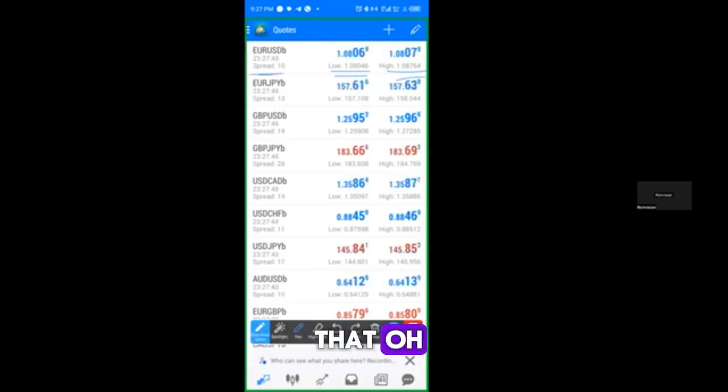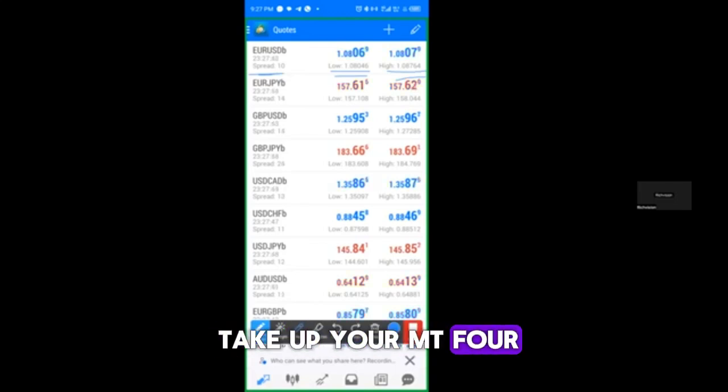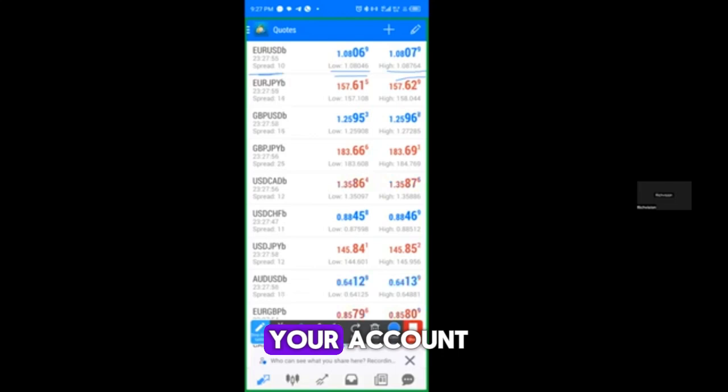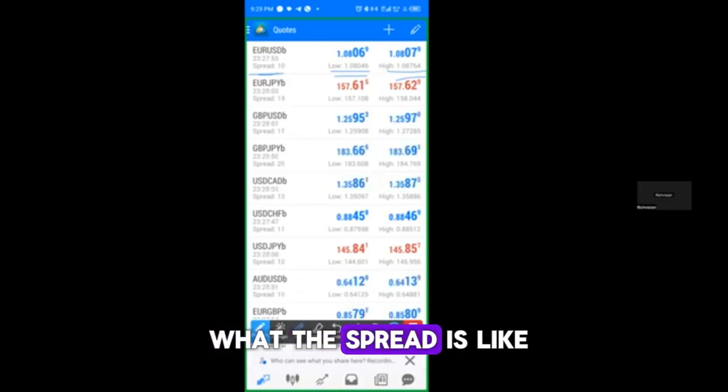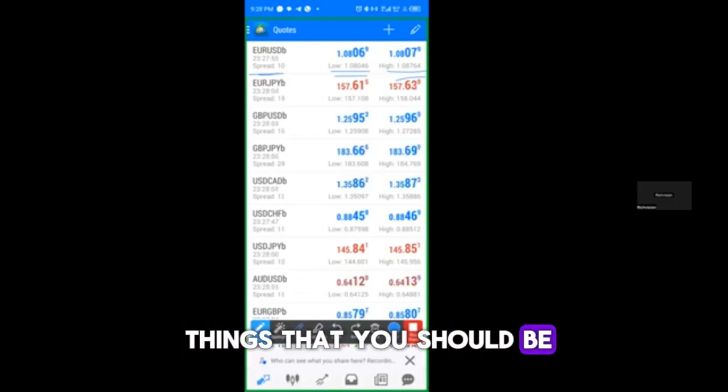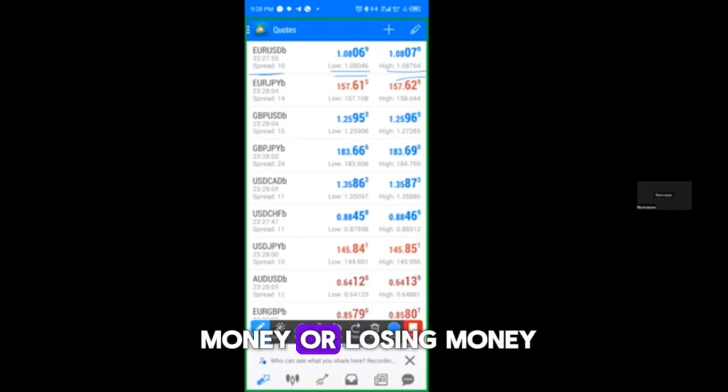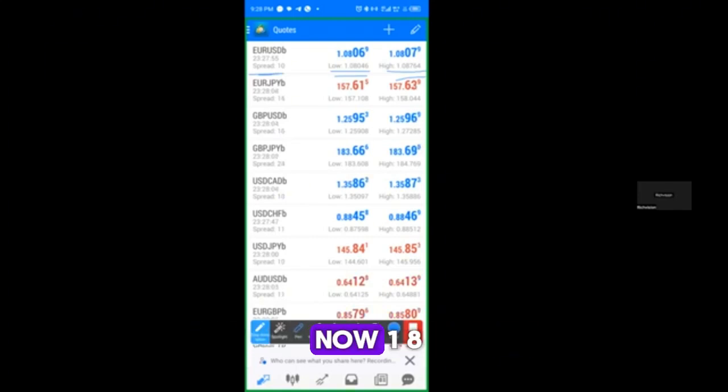So you will hear that, oh, the spread of this broker is too high or the spread is low. So when you take up your MT4, when you take up your account, you want to know what the spread is like. It is one of the things that can determine whether you are making money or losing money with a broker. So you see this price now, 1.0806.